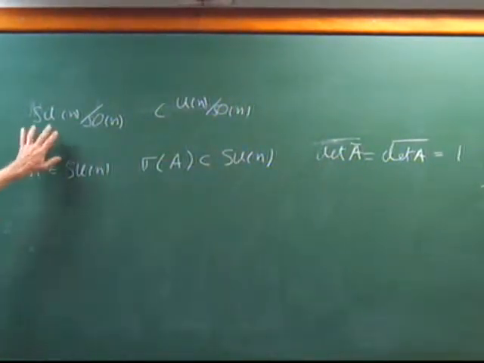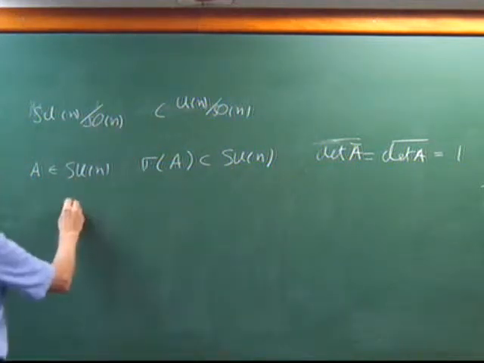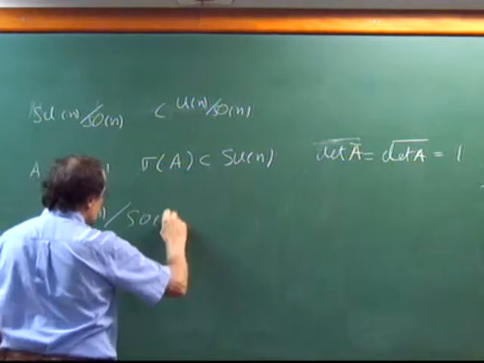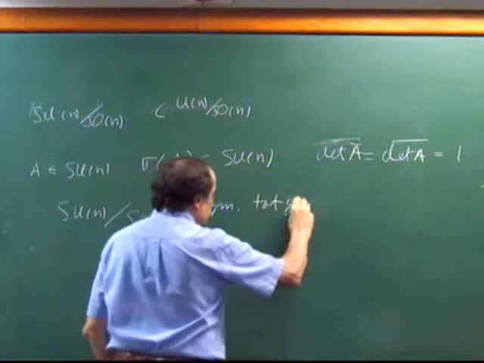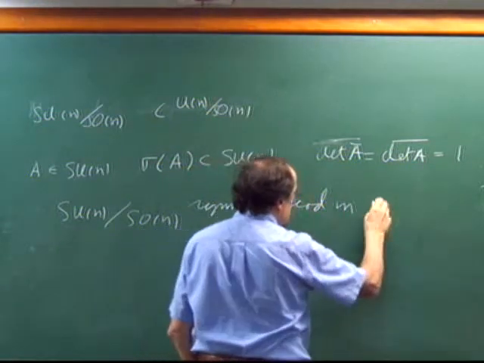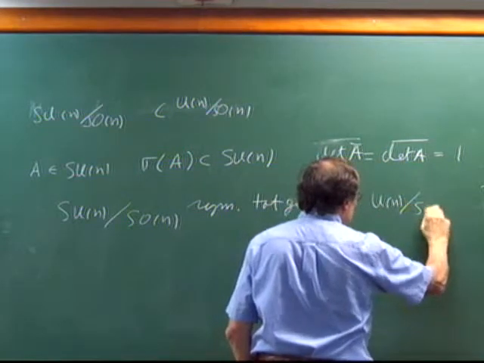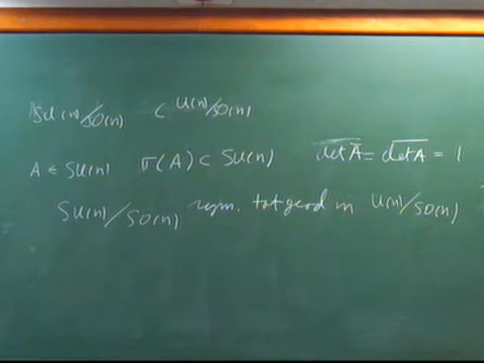So SUN inside UN is a subgroup invariant under the involution. That means that this is also a symmetric space, and totally geodesic inside all Lagrangian subspaces, by the previous result that I mentioned: fixed point sets of involutions are symmetric and totally geodesic.